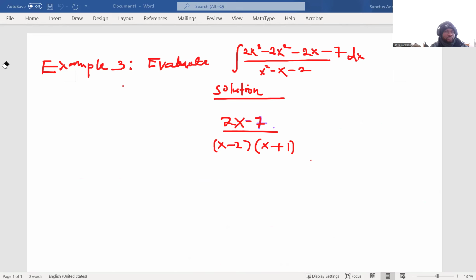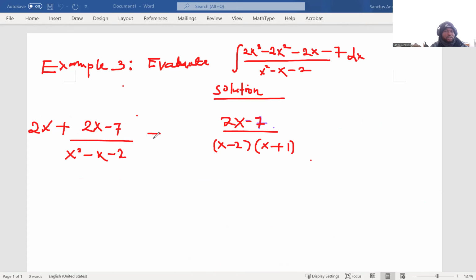Okay. So remember, we had resolved this initially using the long division method, and we got 2x, the quotient, plus this, which is 2x minus 7 over x squared minus x minus 2.